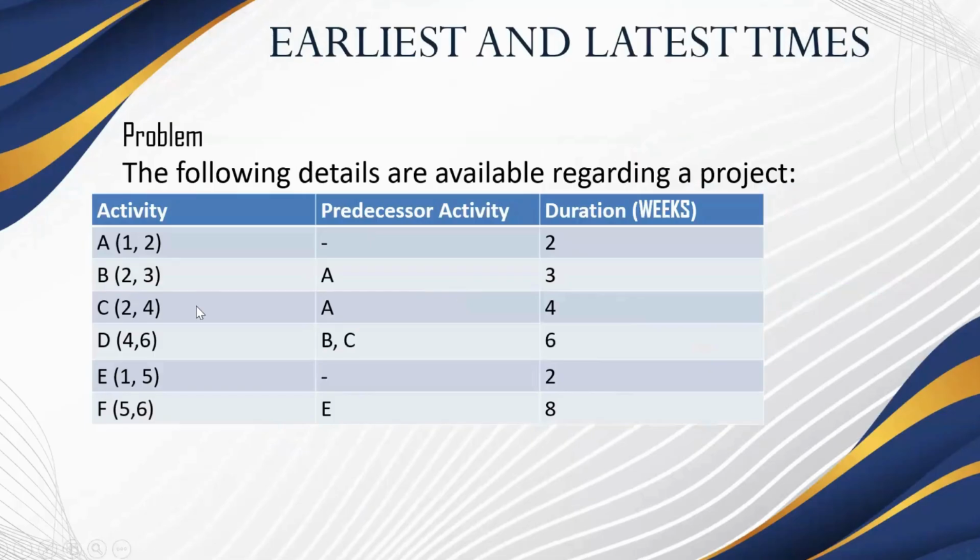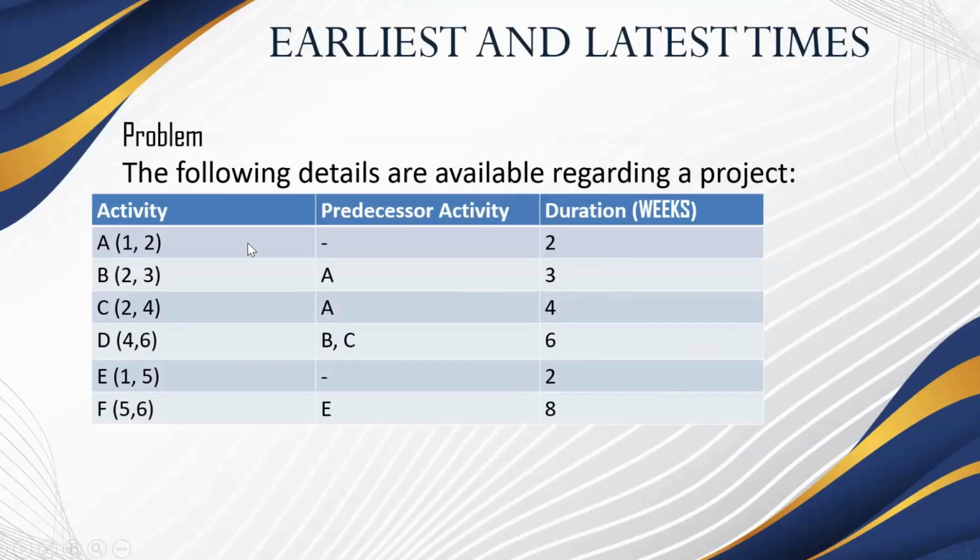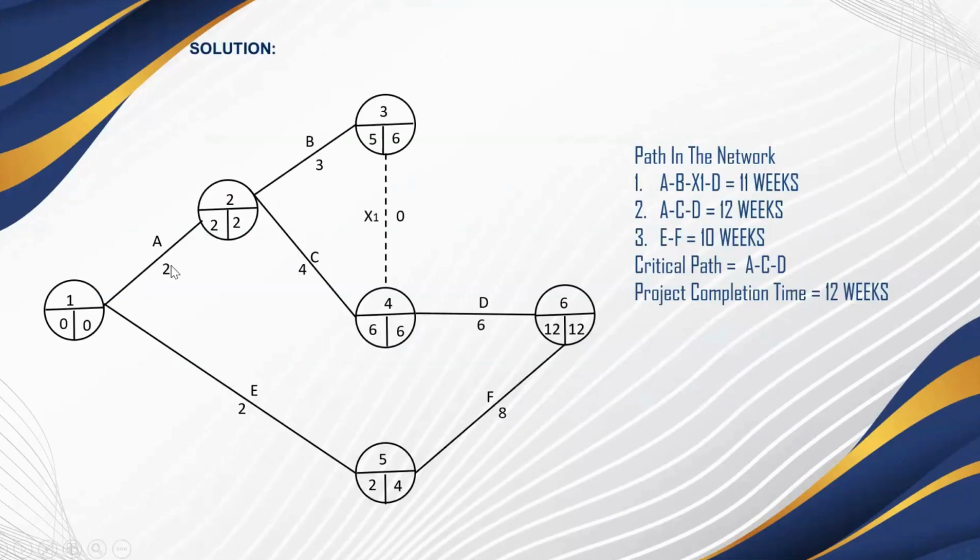For this type of question, we will allocate A between 1 to 2, and as we already know how to draw the diagram, we will just go further. In between there we have to put the values as 2.